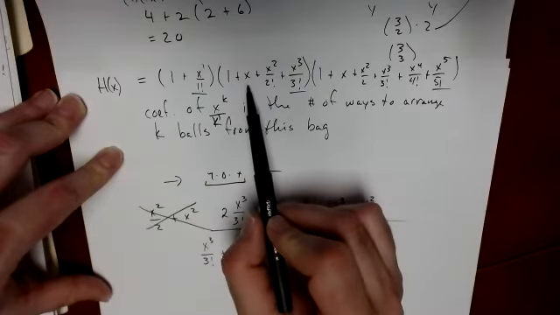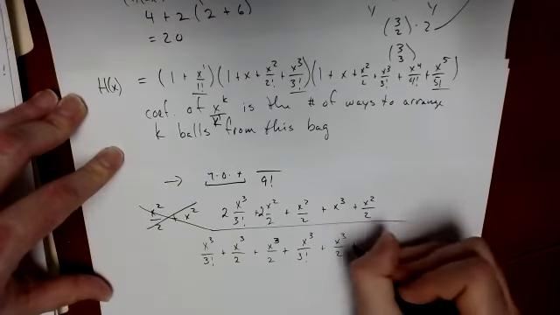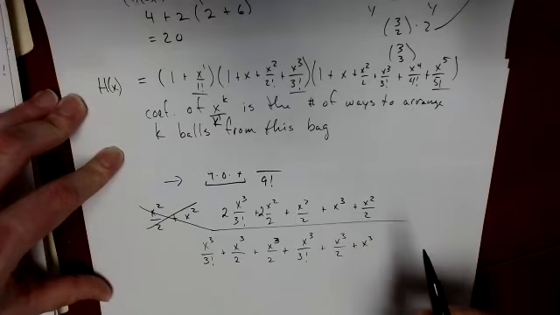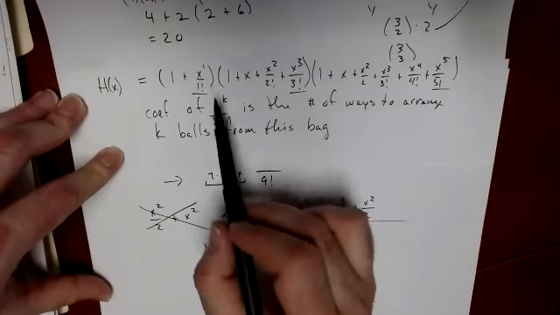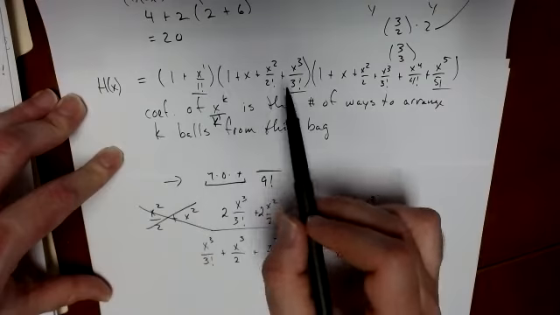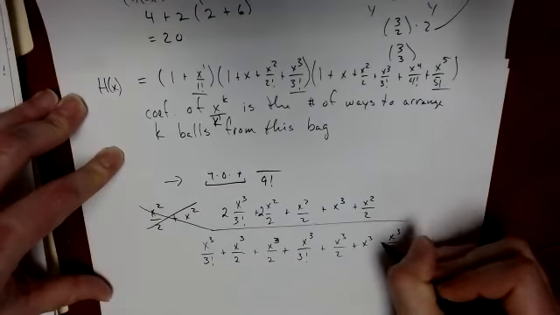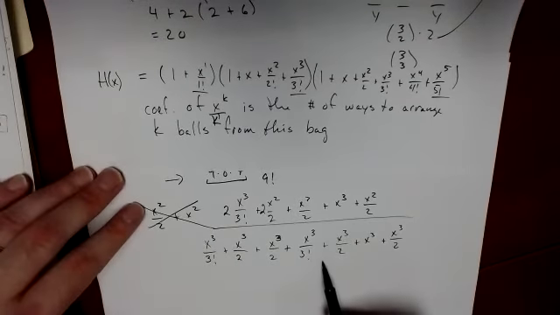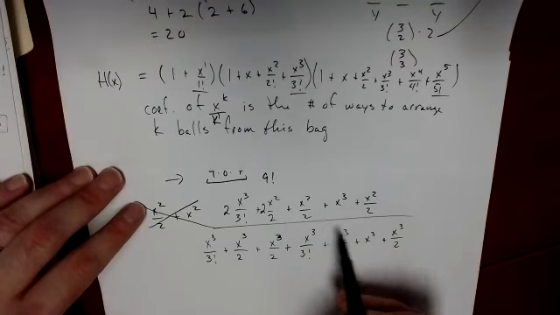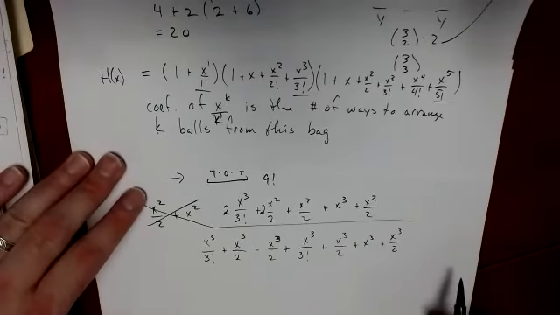And then x times x times x is just an x cubed. And then x times x squared times 1 will be another x cubed over 2. And yeah, that's the same as this, except these should all say cubed. So that should be right.